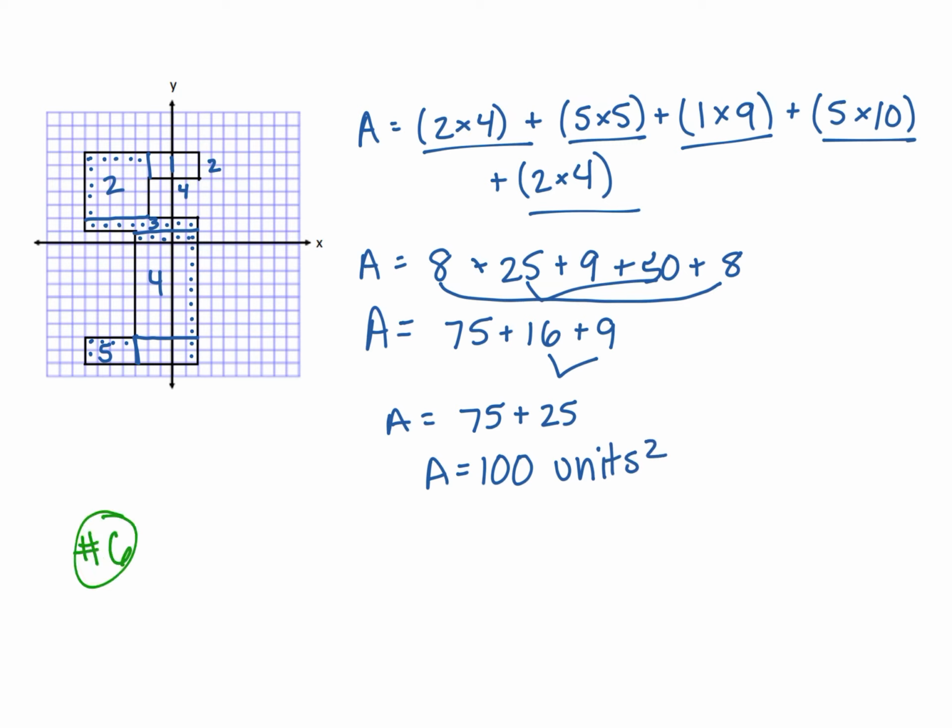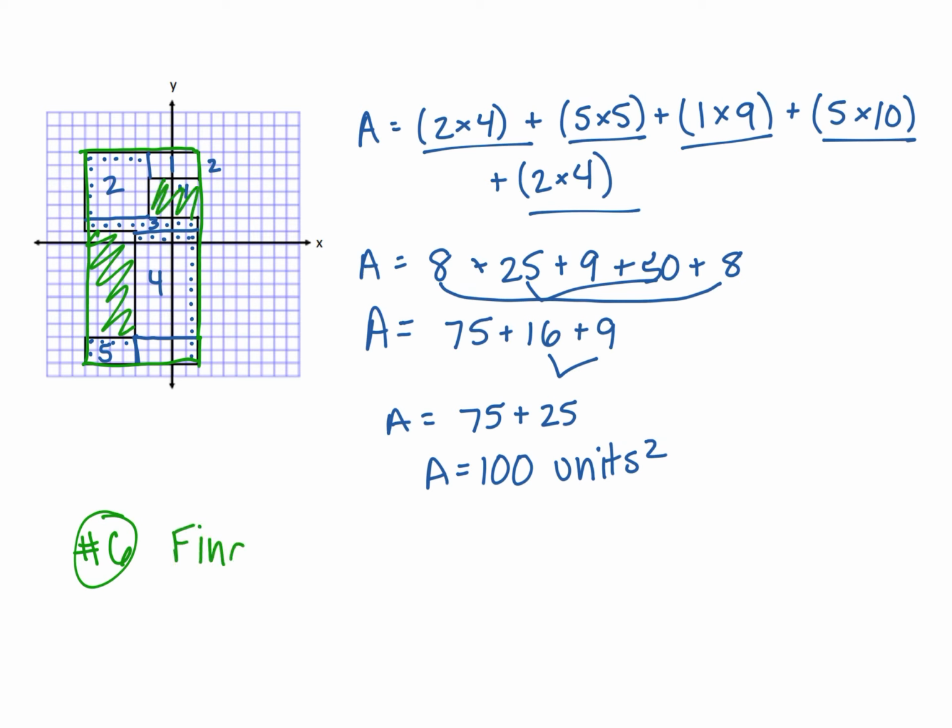Question 6 says, describe another method you could use to find the area of the polygon from problem 5. Then state how the expression for the area would be different. Well, we talked earlier that you could find the area of the outside shape and then remove the pieces you don't want.